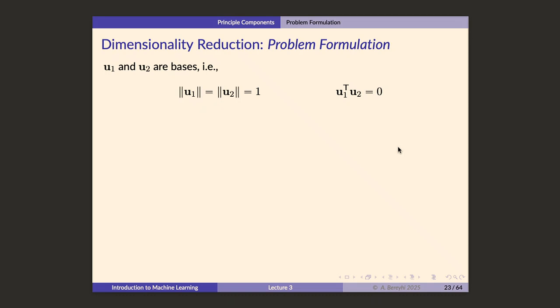Now, if I want to compute any Z, the guy which has reduced dimension, then I am going to write it down as U transpose times X minus mu, correct? This is the data that I have. I subtract the bias, I multiply it with matrix U, and then it's going to give me Z.